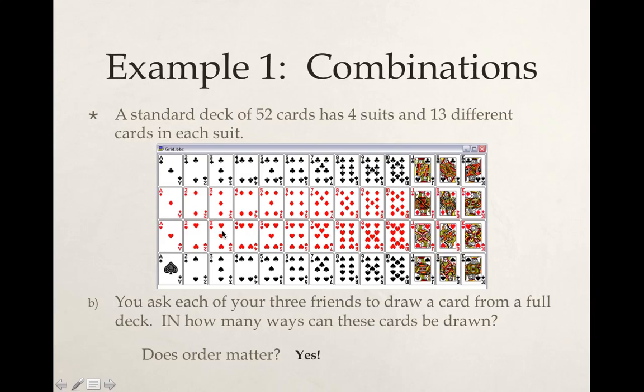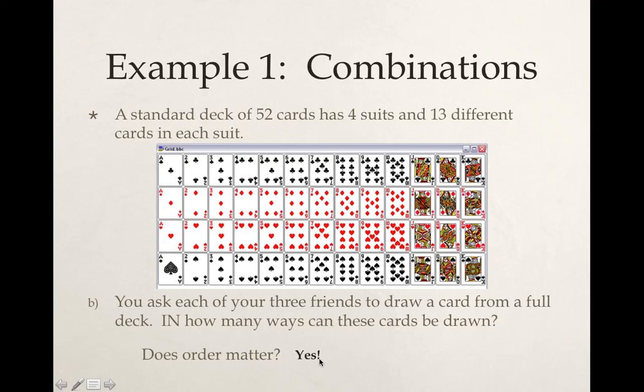But if Amy draws the 3 of hearts, Bob draws the 4 of hearts, and Carl draws the 2 of hearts, even though they're the same 3 cards, that to me is a different result because different people got different cards. So this would be a case where order does matter.